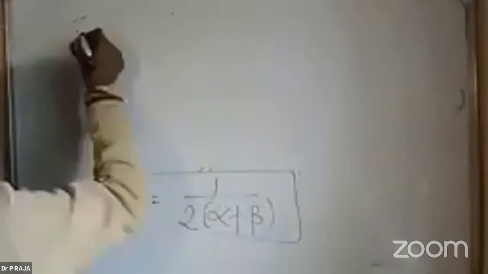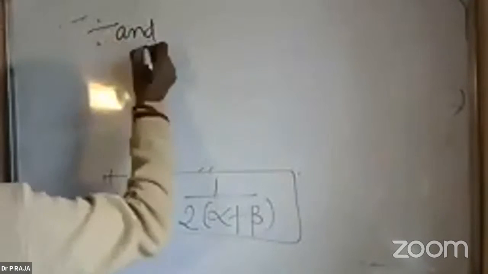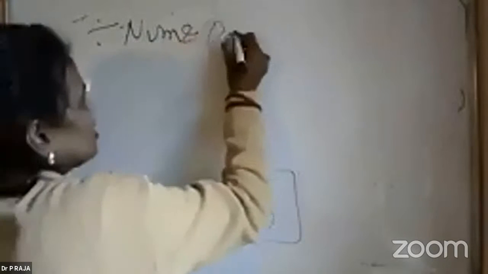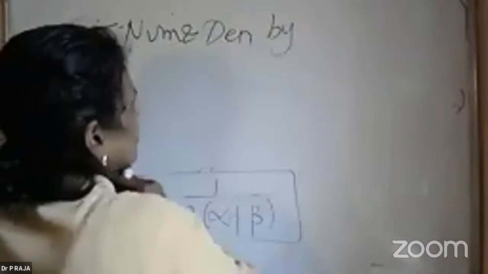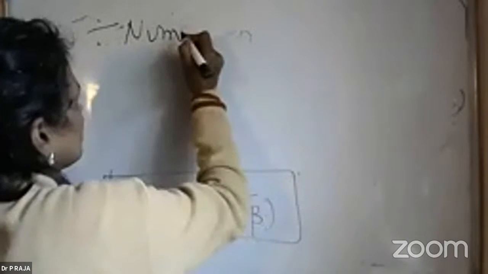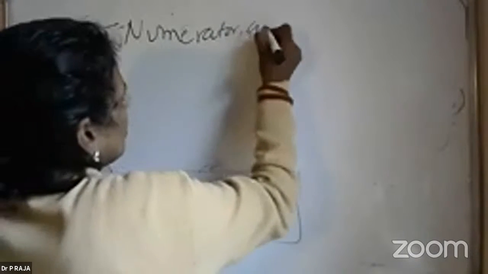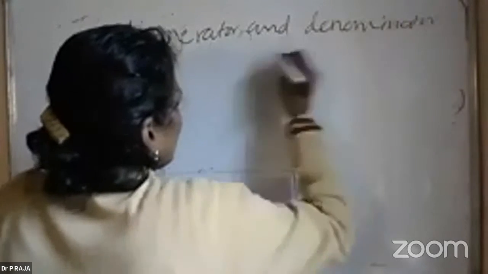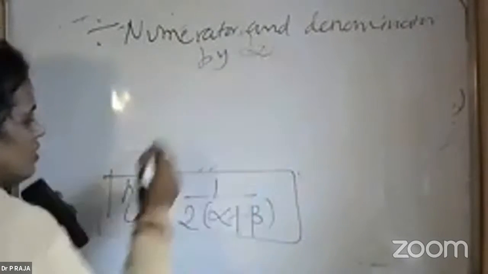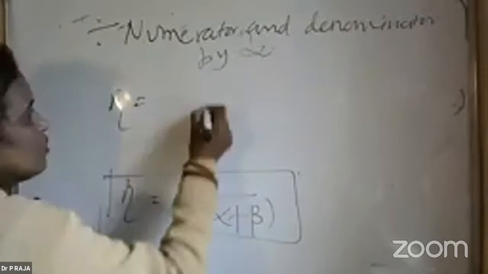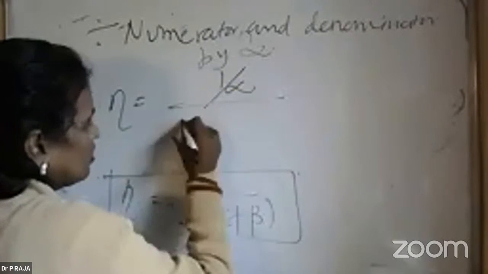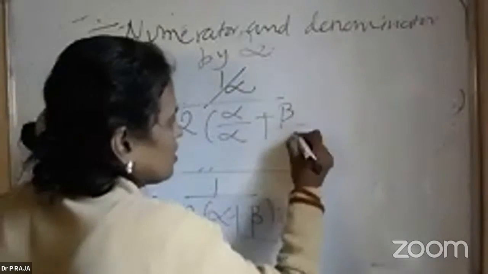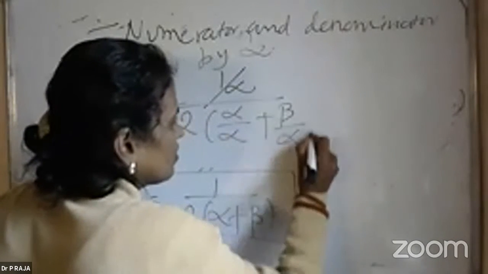Now, dividing the numerator and denominator by alpha, eta will become 1 by alpha by 2 into alpha by alpha plus beta by alpha.